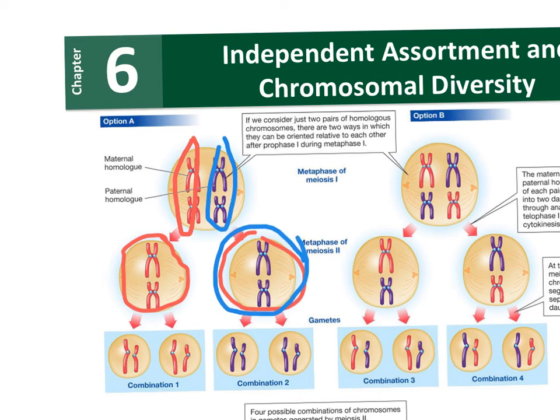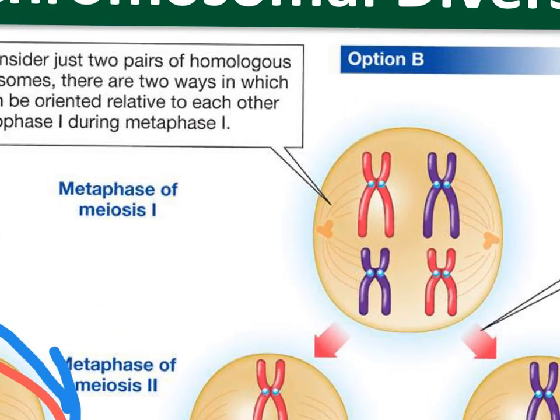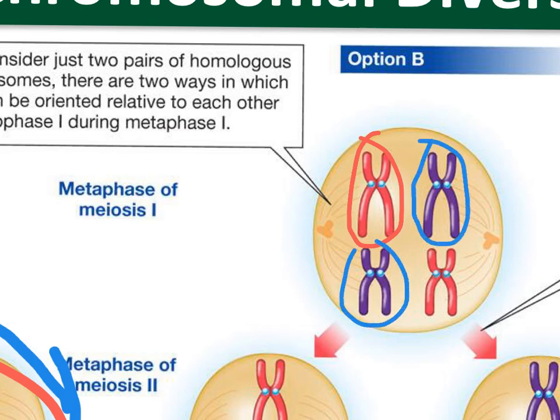Or option B, you could have a maternal set on the left, and a paternal set on the right, or a paternal set on the left and a maternal set on the right. Each individual chromosome is independent and independently sorted compared to all the others.